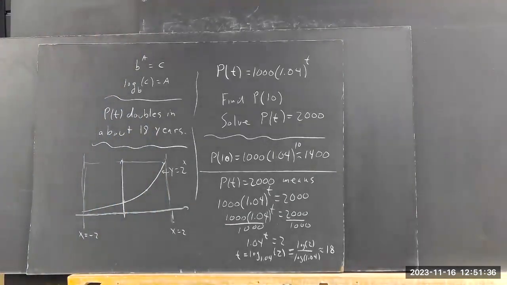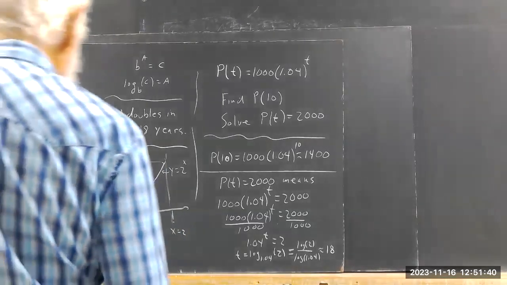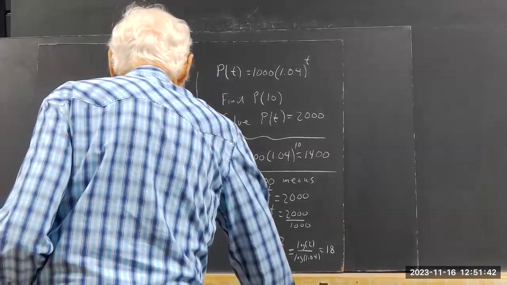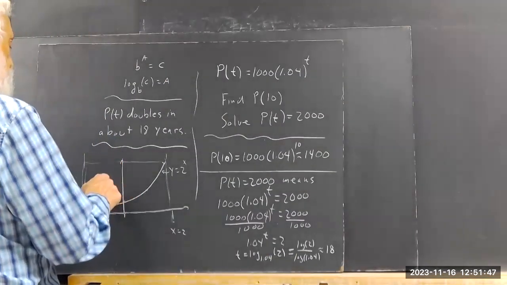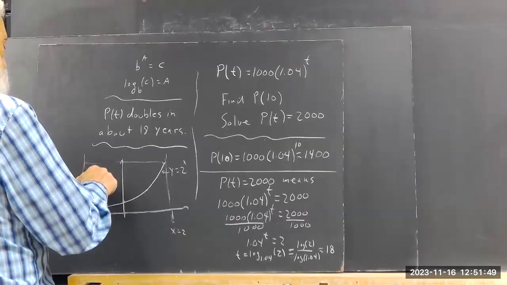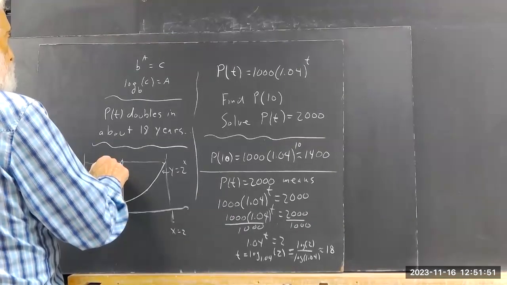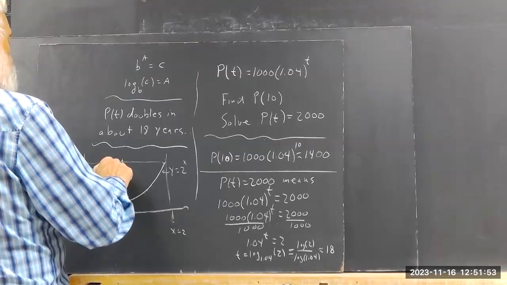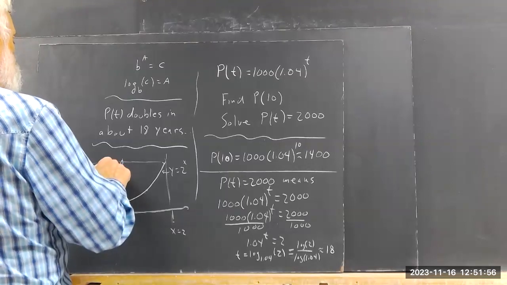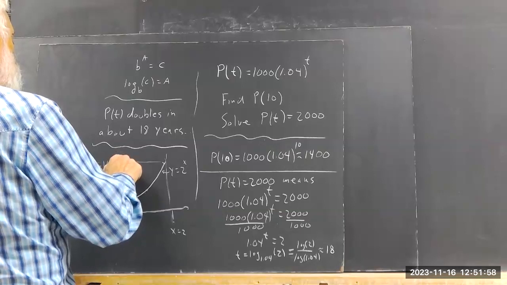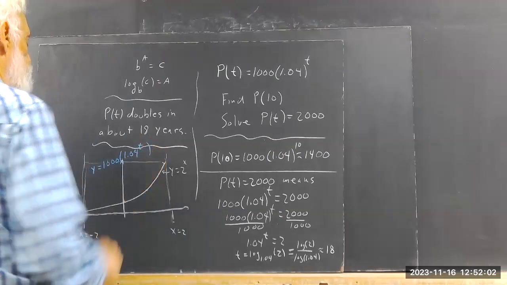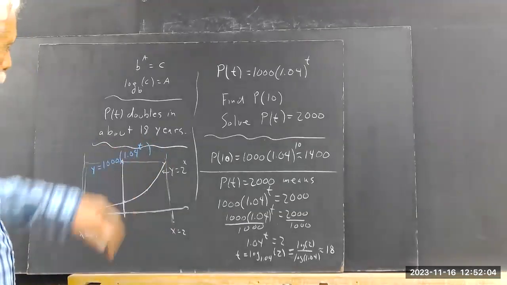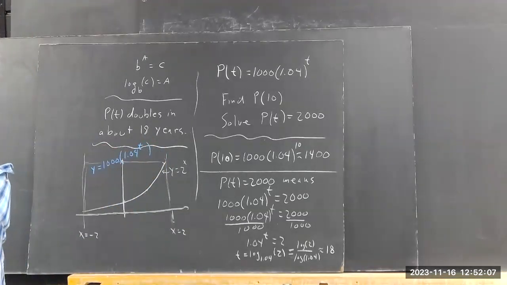Well, now I'm going to relabel this graph in a different color, because the graph I want to get is the graph of y equals 1000 times 1.04 to the t.